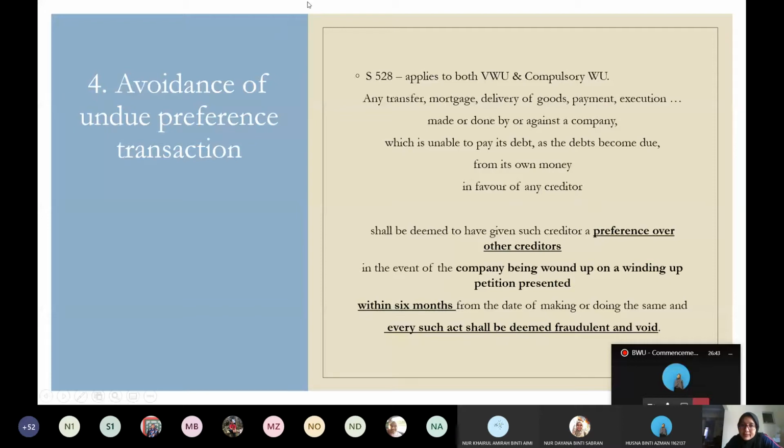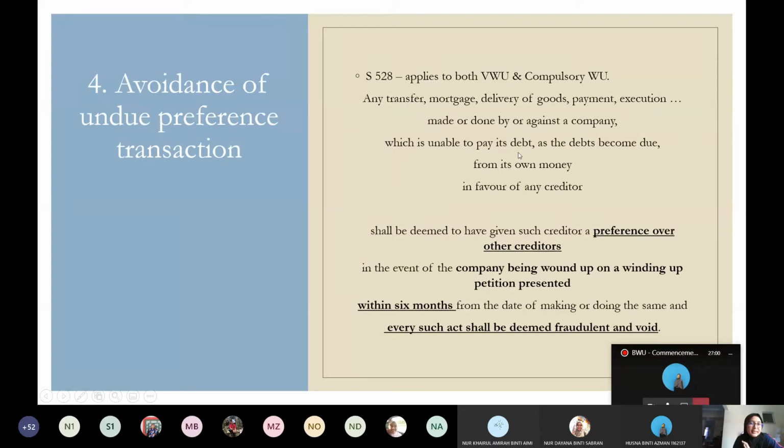So kita tengok ayat dia, section 528 applies to both voluntary winding up and compulsory winding up. So any transfer, mortgage, so on and so forth yang kat sini, done by or against a company which is unable to pay its debt.